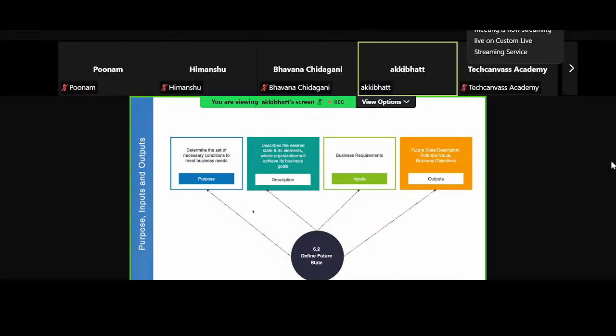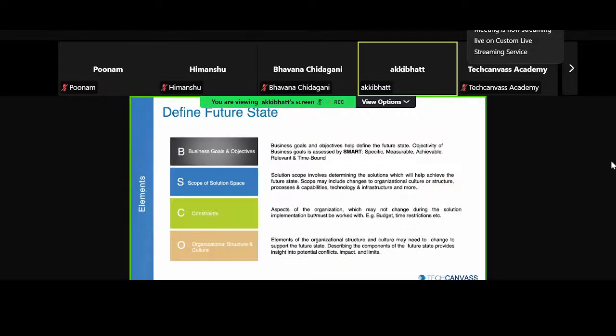It also helps you identify any gaps, opportunities of where the organization may be lagging behind the competitors, where you can excel. Right, understanding those business goals, scope of the solution, understanding those constraints, maybe re-engineering the org structure and the culture within the organization, and improving those capabilities, and even enhancing the existing capabilities.